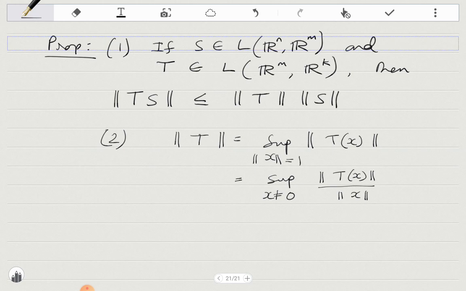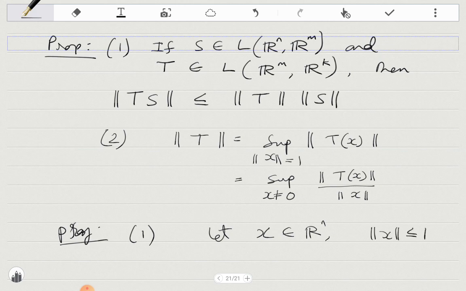So let me start with the first one, the multiplicative property. Actually, all of these are quite straightforward. Let x belong to Rn, norm x less than or equal to 1.